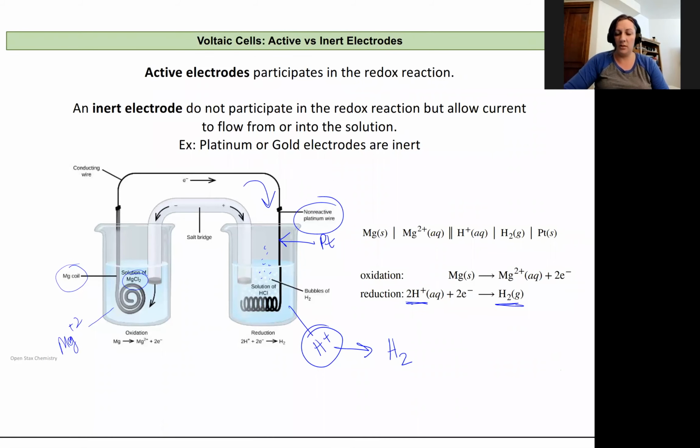And so here, actually, let's show this. We have, for showing in our notation, our inert electrodes. So this is on the cathode half of our notation. We have the electrolyte. And then we're going to use an extra line here to show that we have our electrode and our inert electrode.